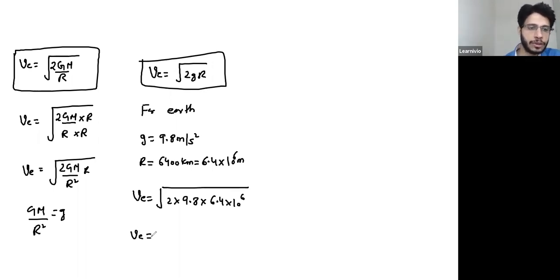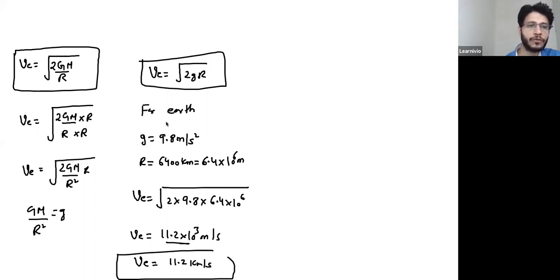When you solve these numbers, it comes out to be 11.2 into 10 raised power 3 meter per second. You can convert this in kilometer, so that's 11.2 kilometer per second. This is escape velocity for Earth. So if you want to project a body from Earth to infinity, then the velocity that you will provide will be 11.2 kilometer per second.